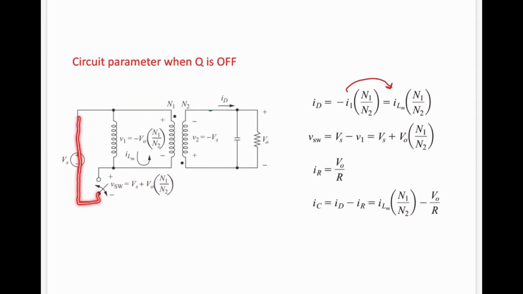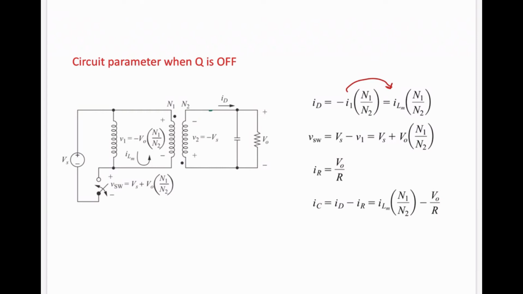So it is minus Vs, and then the voltage across this primary winding, that will be summed. So now the voltage across these 2 points, these are to be determined, that will be equal to supply voltage plus the voltage across your primary winding, and primary winding is having the opposite voltage.